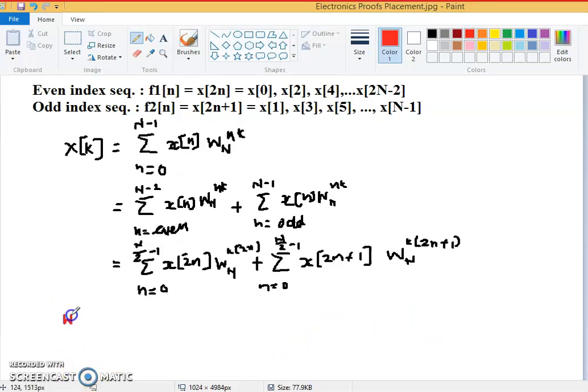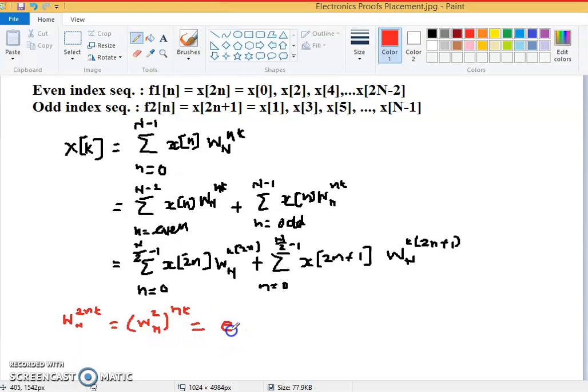Okay, now we know, what is W_N^{2nk}? W_N^{2nk} can be written as W_{N/2} raised to the power nk. It can be written like this also. And what is the value of W?